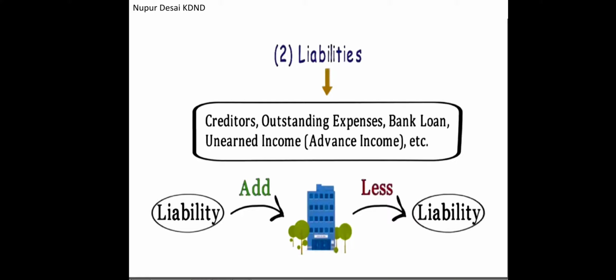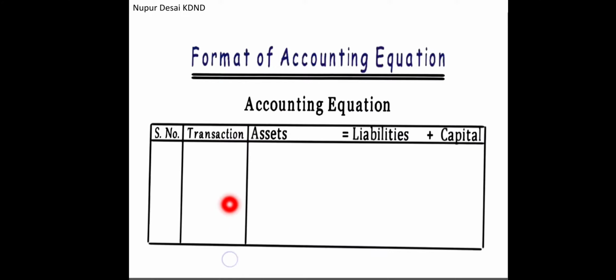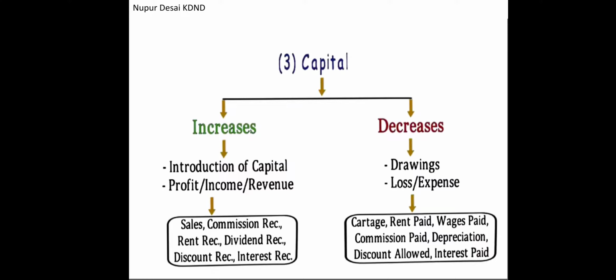So assets and liabilities both have the same logic, while in the capital, whenever there is an increase in the capital we are going to add, while when there is a decrease in the capital then we are going to minus. There are some items like introduction of capital, meaning additional capital in the business, or profit in the firm, or income or revenue, which all increase the capital.